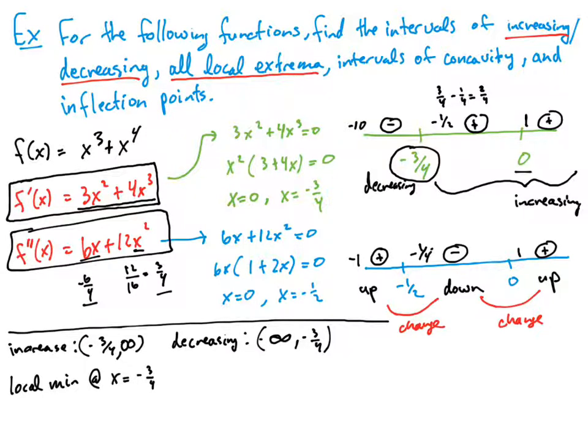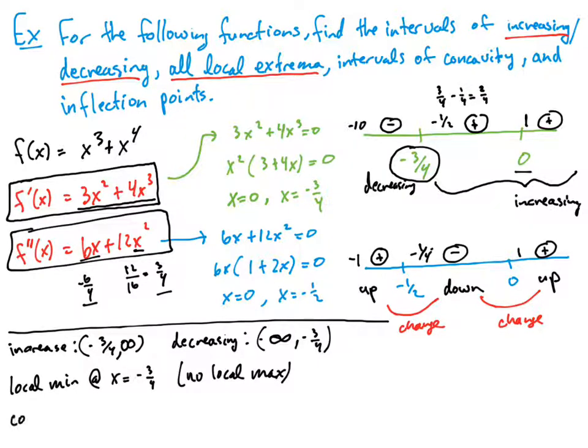There's no local max here because there's nowhere where the function goes from increasing to decreasing. So we could add that, no local max. Let's look at our concavity.